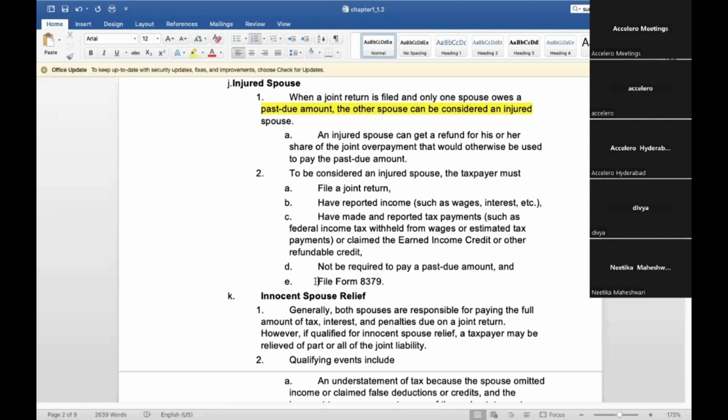They can file Form 8379 and they're not required to pay the past due amount. So the liability goes only to the other spouse who is actually responsible. Typically, if both are filing a joint return and both are signing, then the IRS can go after either one of them if there is any tax amount due. So these kinds of reliefs may come up.